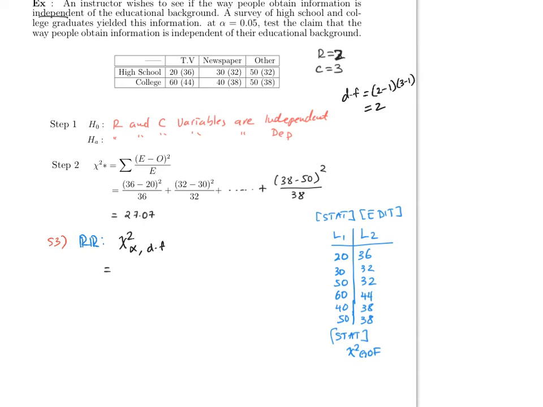So therefore the rejection region will be chi-square of 0.05, because alpha is 0.05, and the degrees of freedom is now 2 from here. And you look to the table, this is 5.991.